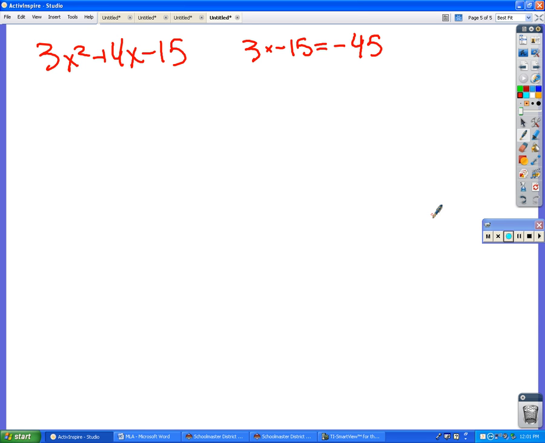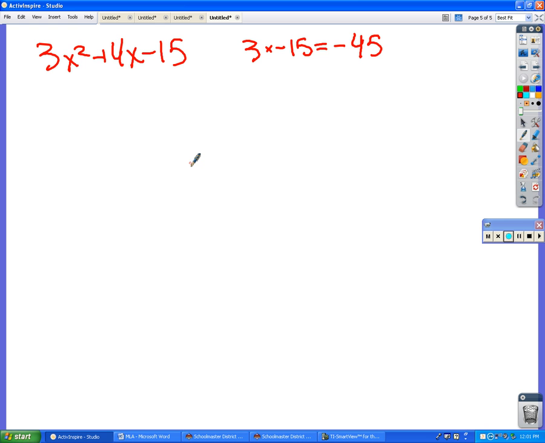Okay. All right. Same thing as before. I need to find 2 numbers that multiply together to be negative 45 and add together to be positive 4.